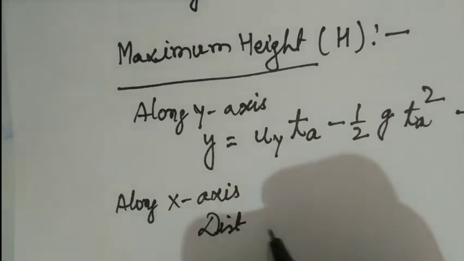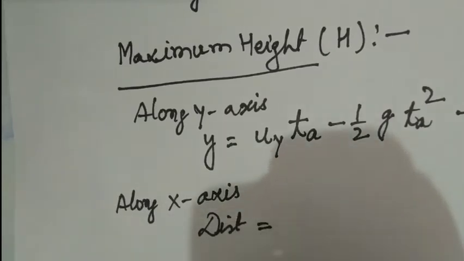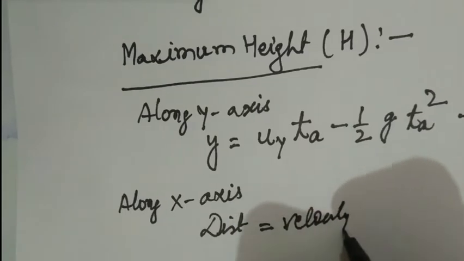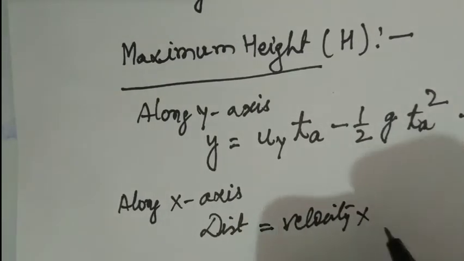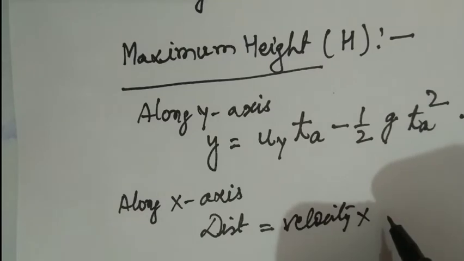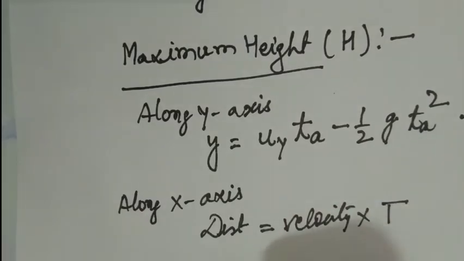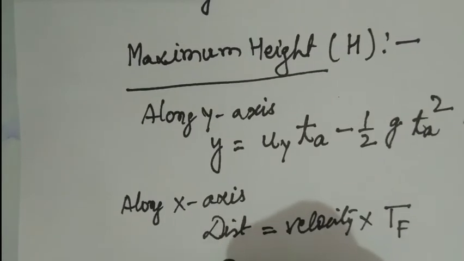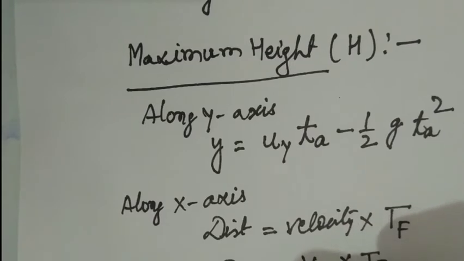Horizontal distance is equal to velocity into time of flight, so we can find the total time. The horizontal distance is the range R, and time of flight T. This is equation number 2. We have to calculate this now.